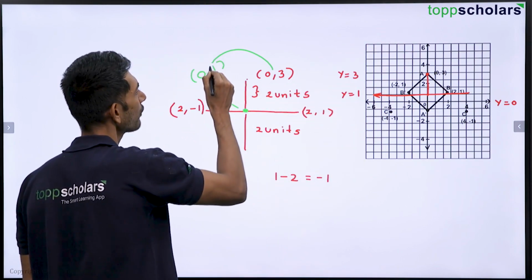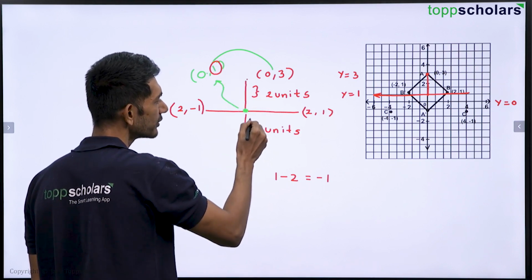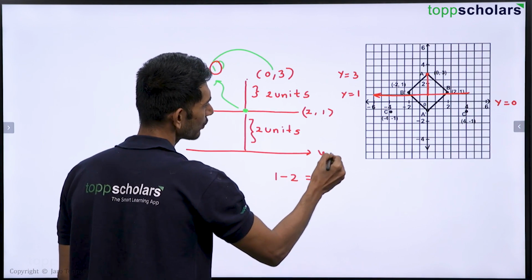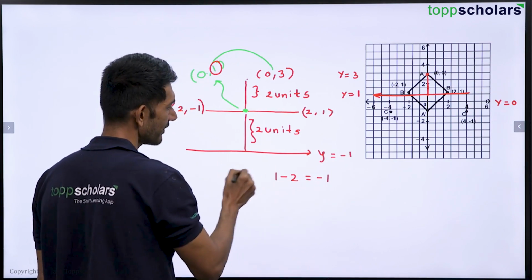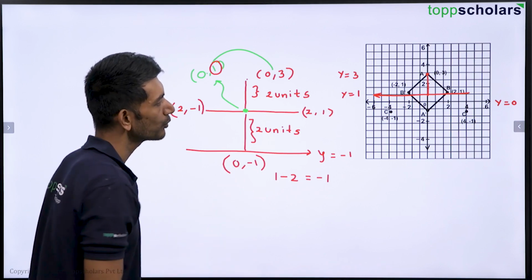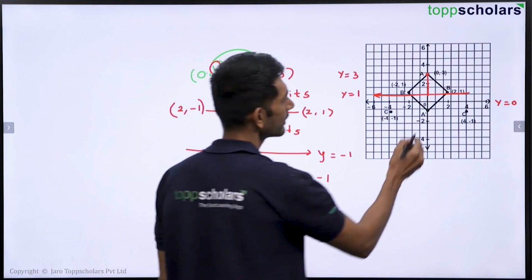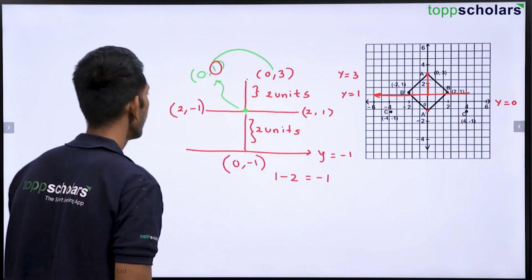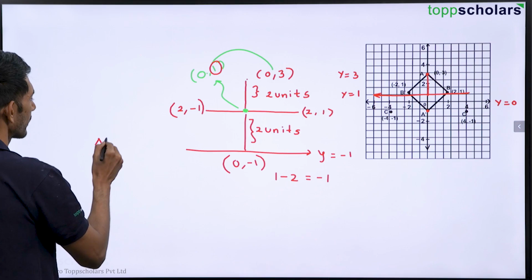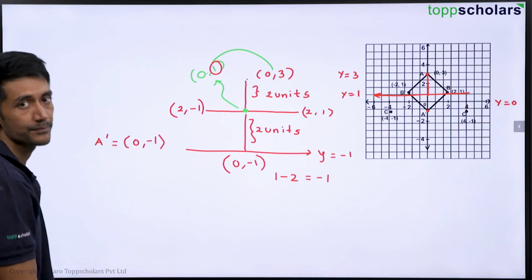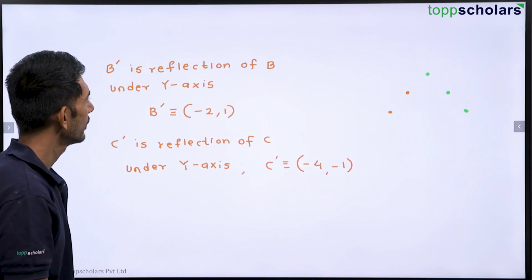Minus 1. So from 1, I am subtracting 2 units to go down. So here, this line is y is equal to minus 1. So definitely, the y coordinate is going to be minus 1 and the x coordinate is going to be 0. So can I say here, this point will be A dash, which is 0, minus 1. Easy.